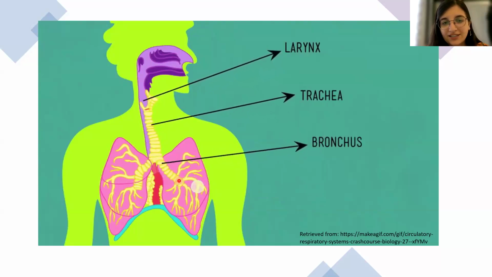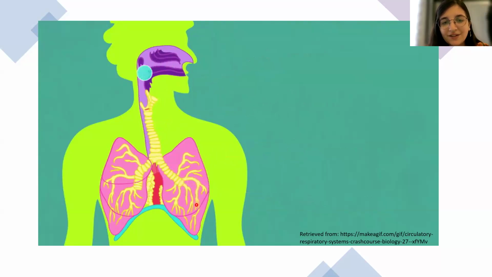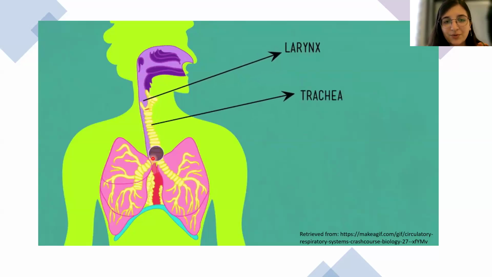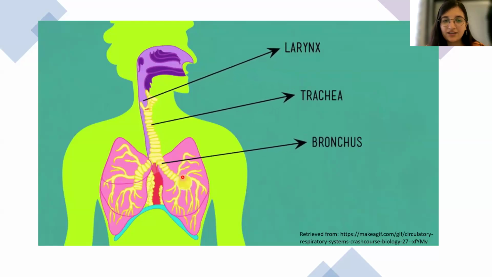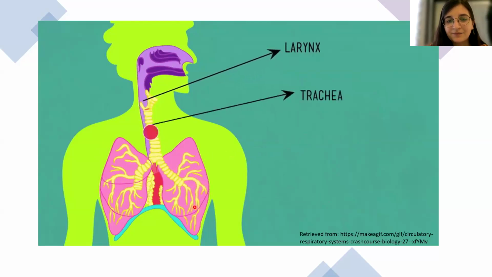And then it divides even further. You see all these small branches, these are what we call bronchioles. The bronchi basically direct the air to both the lungs, to share the load. Some air goes to the left lung, some air goes to the right lung. And then further in, it goes into these bronchioles, smaller branches.